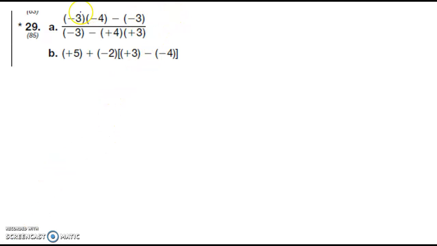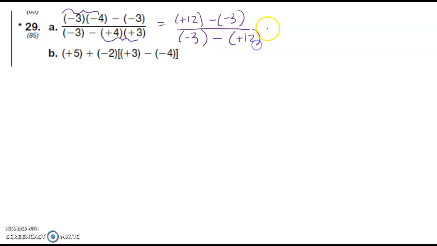Okay. All right, so we're going to multiply this first and then also multiply this. So negative 3 times negative 4 gives me positive 12. And then on the denominator, positive 4 times positive 3 gives me positive 12. Now, on the top, I'm going to keep change since this is subtraction.